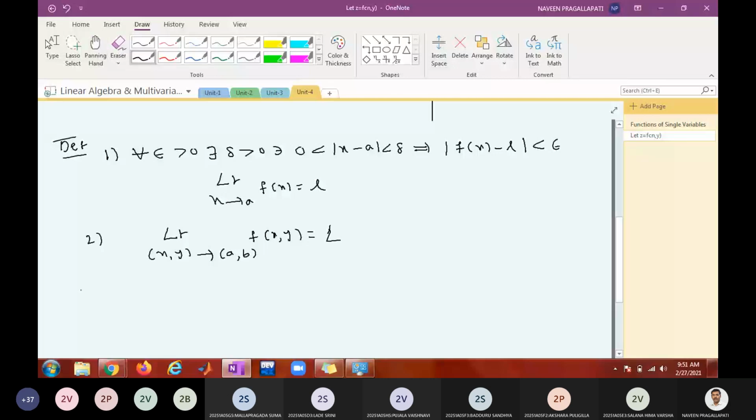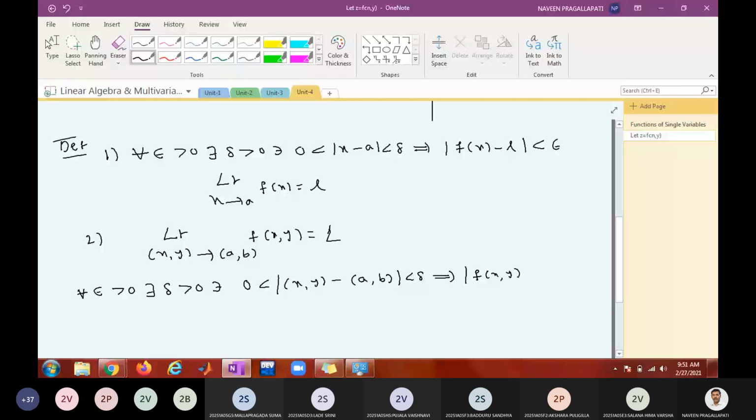So now tell me, for every epsilon greater than 0, there exists delta greater than 0, such that whenever 0 less than modulus of the point x comma y minus the point a comma b is less than delta, implies modulus of f of x comma y minus L is less than epsilon.